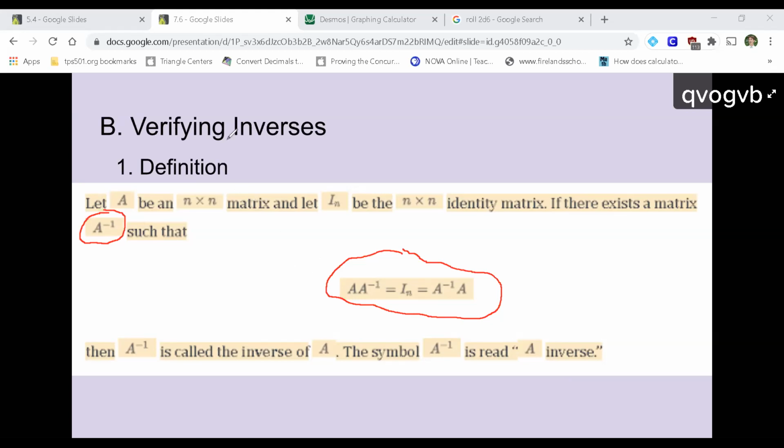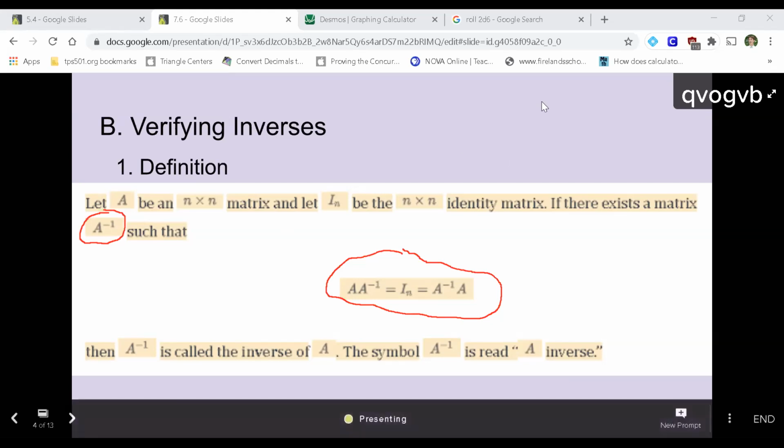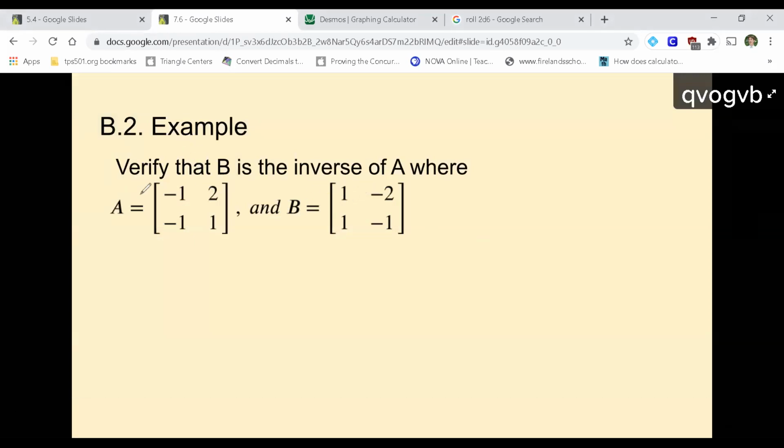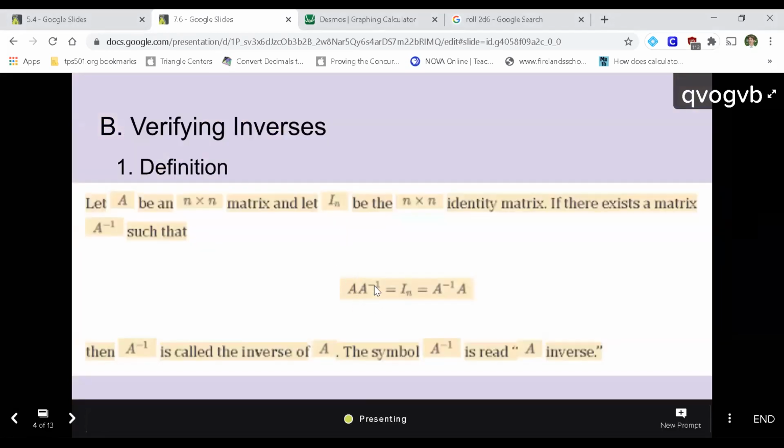All right. So let me show you an example of what your homework is going to look like. Your homework is going to say, here are 2 matrices. Tell me if B is the inverse of A. To test whether or not that's true, I am going to multiply them to see if I get the identity matrix.